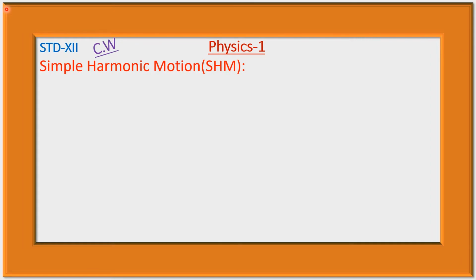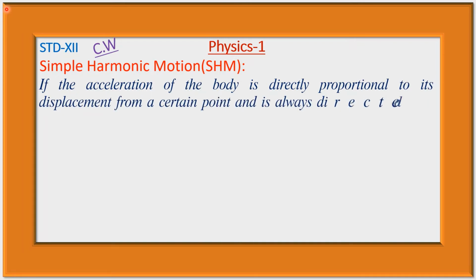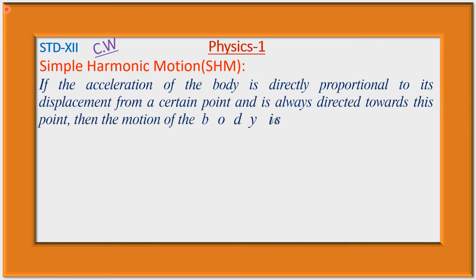Simple harmonic motion. If the acceleration of the body is directly proportional to its displacement from a certain point and is always directed towards this point, then the motion of the body is called simple harmonic motion.